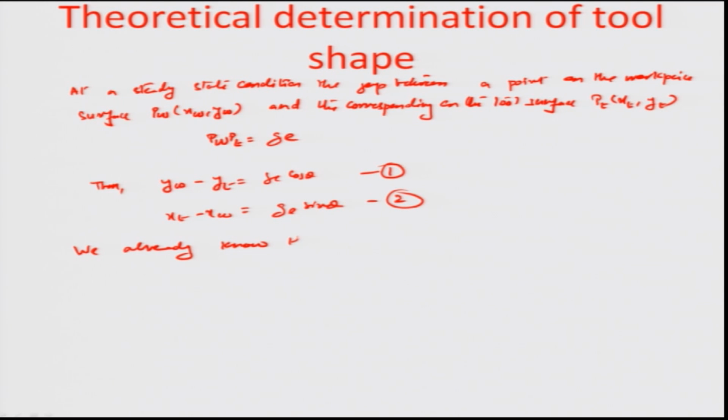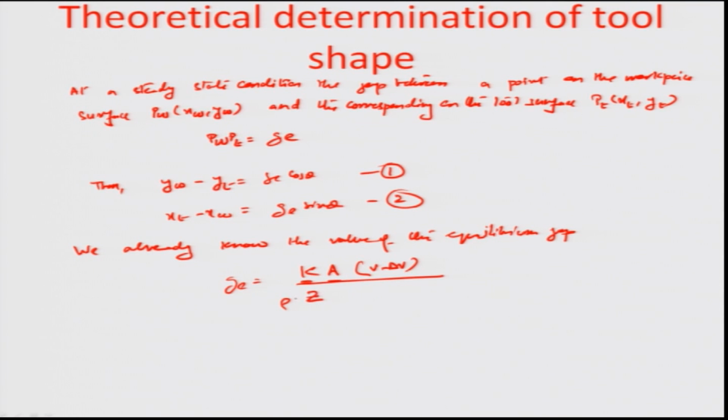We already know the value of the equilibrium gap, particularly from the process parameters. It is given by conductivity times the atomic weight times V minus delta V divided by rho z, the Faraday constant capital F times feed cos theta.